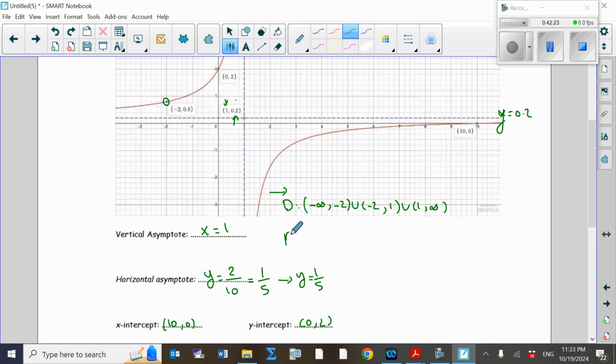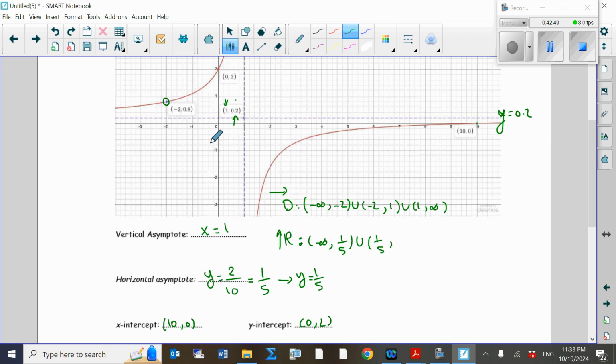What is the range of the function? You go from bottom to top. Everything is defined except at the horizontal asymptote. So you're going to write -infinity to 1/5 or 0.2. After this point again, everything is defined. So we have a jump at 1/5.